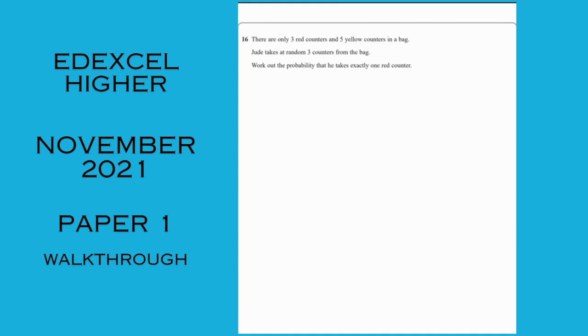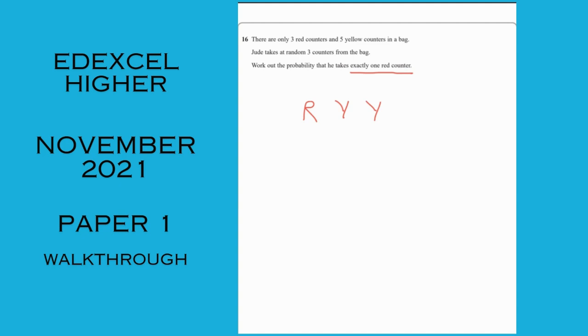Number 16. Tempting to go for probability trees, but when you're picking 3 counters, I'd only go to 3 branches and so on as a last resort. So to work out the probability of getting exactly 1 red, it's red, yellow, yellow.